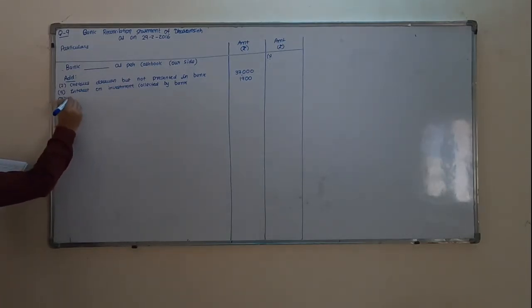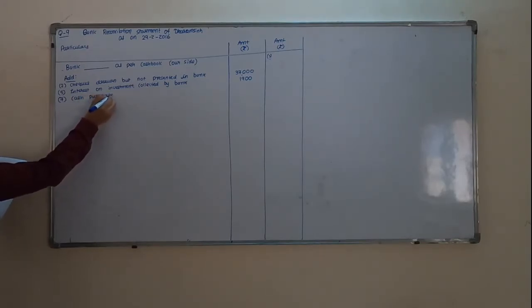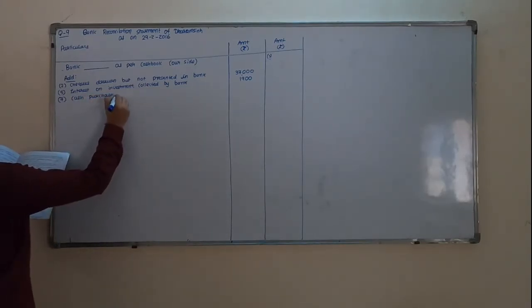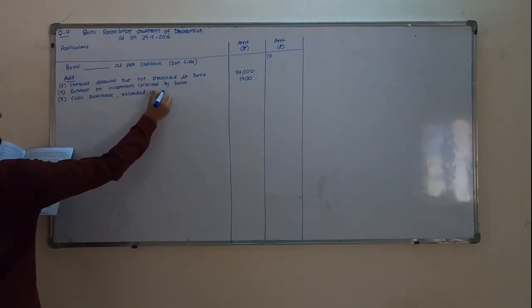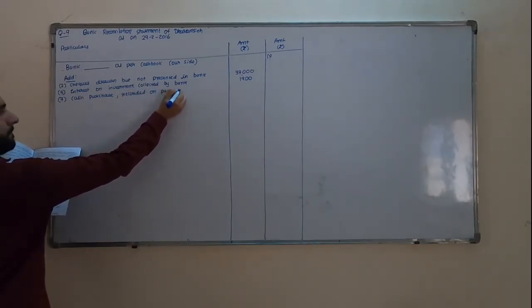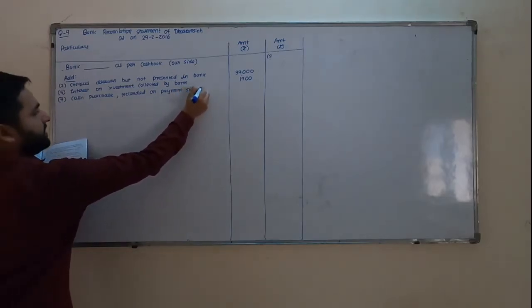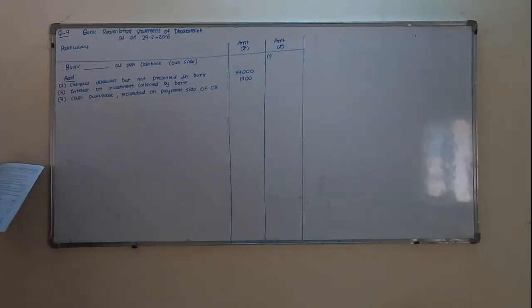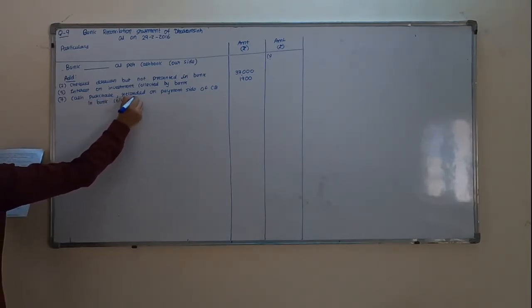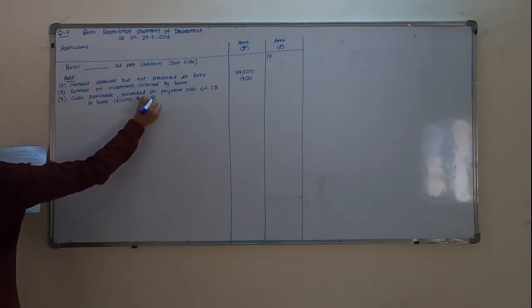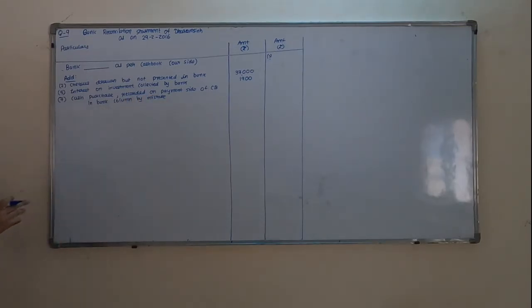Then number 7, cash purchase, recorded on the payment side of CD in bank column by mistake.